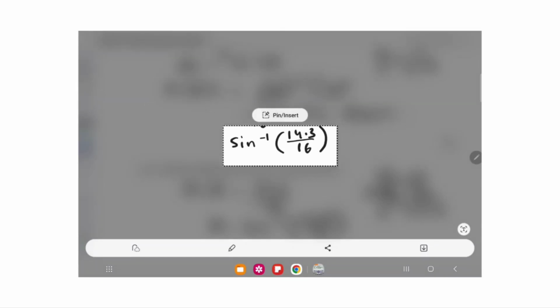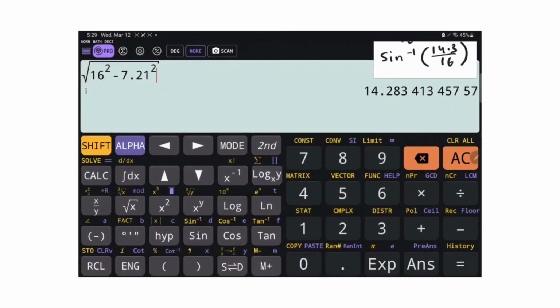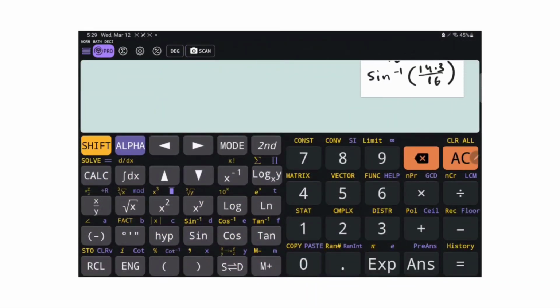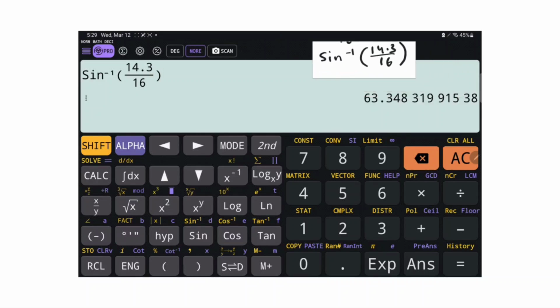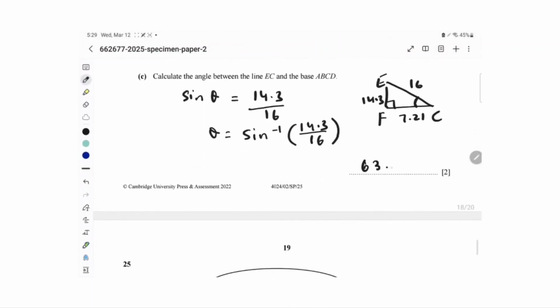Take your calculator, shift sine inverse 14.3 upon 16, bracket close, and your answer is 63.348, means 63.35 degrees.